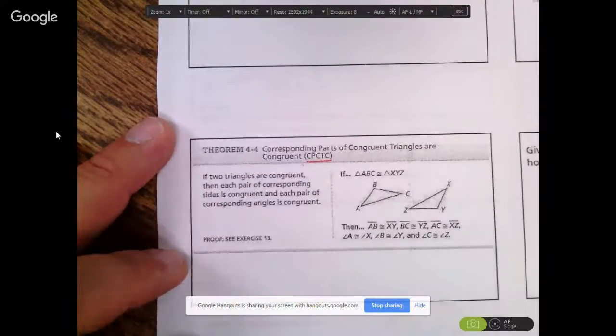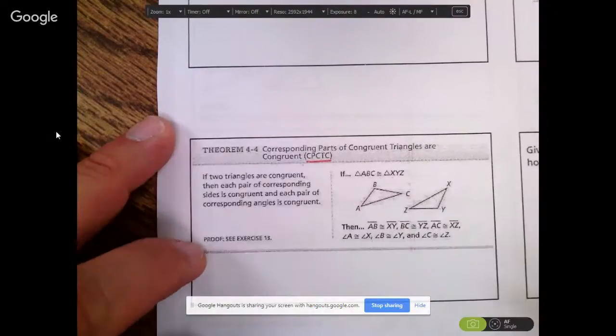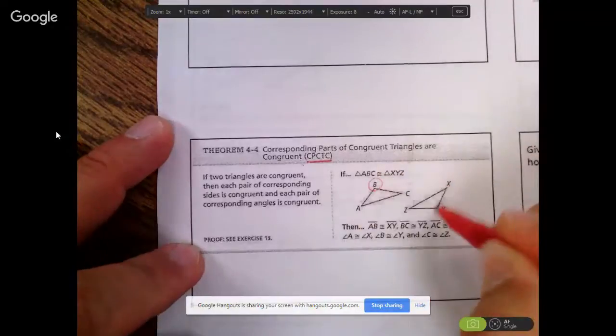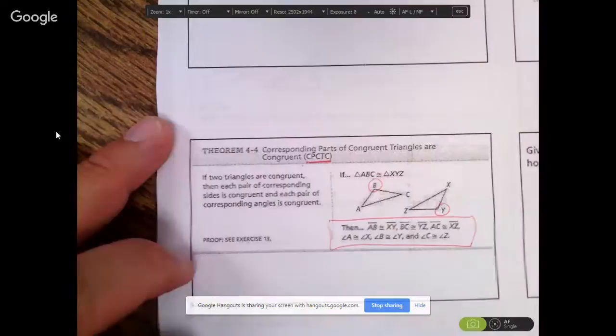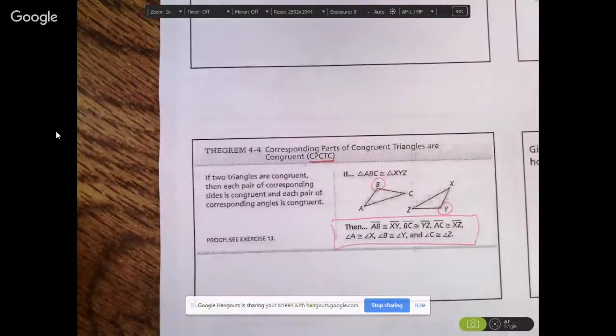All right, so CPCTC means corresponding parts of congruent triangles are congruent. So that means that angle A is congruent to angle B, and they give you this whole long list of things. But if you have two triangles, then each part has a congruent part on the other triangle. If one angle is 42 degrees, then there's a 42 degree angle on the other one.